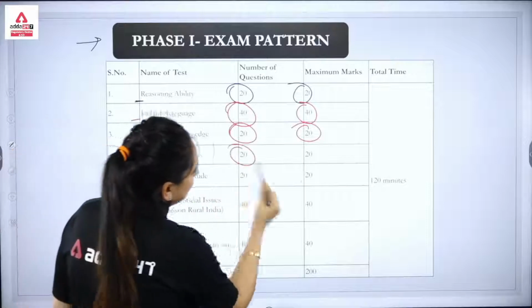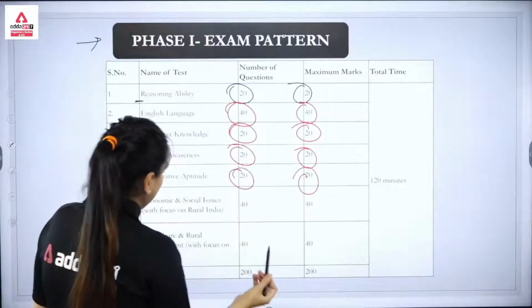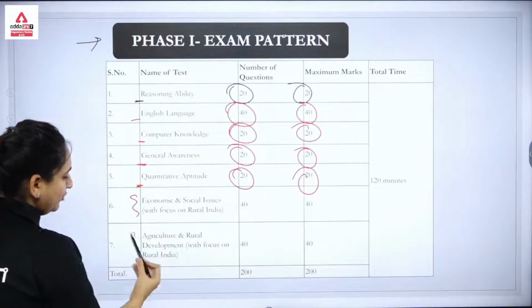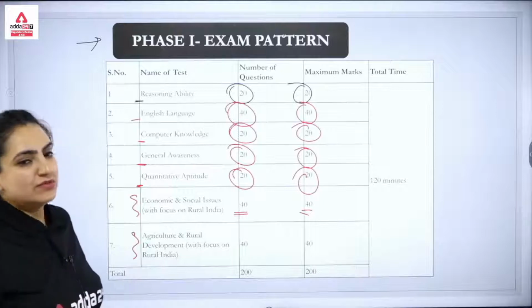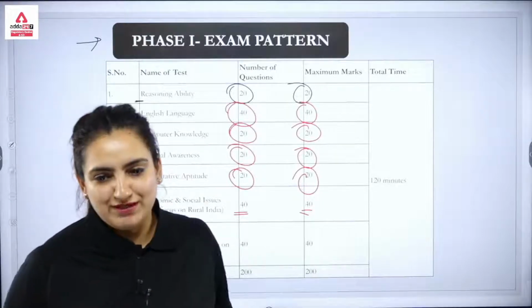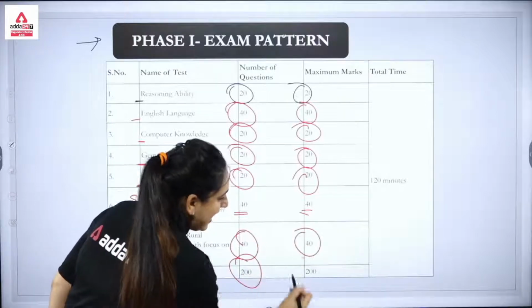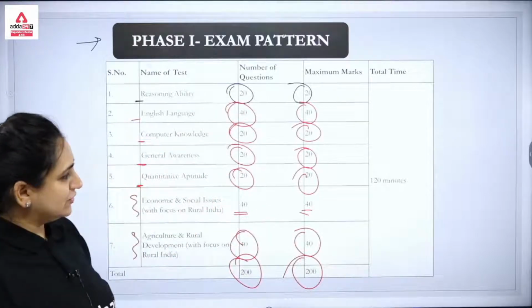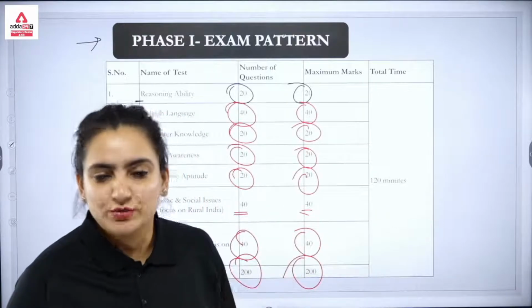General awareness 20 and 20 again. Quant is 20 and 20. Social and economic issues is 40 with 40, and agriculture and rural development again 40 questions, 40 marks. So the total number of questions is 200, this we all are aware, and the maximum marks is 200. The composite time of around 2 hours is there, that is 120 minutes.